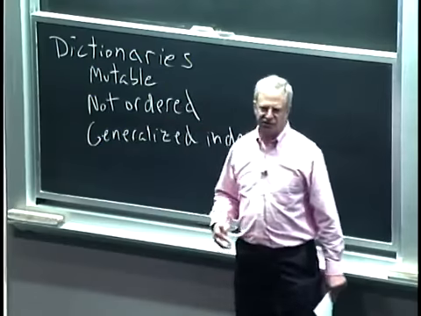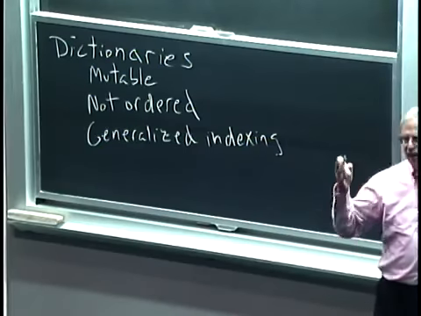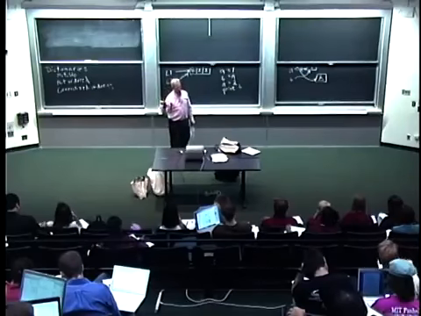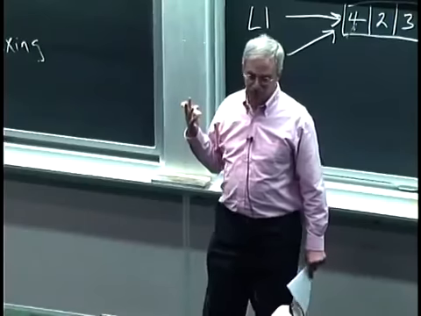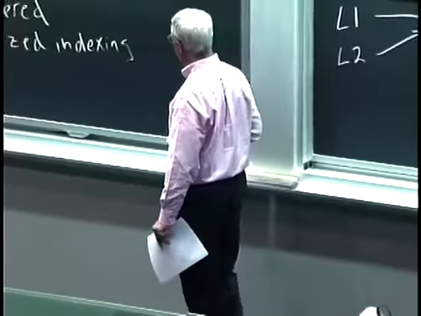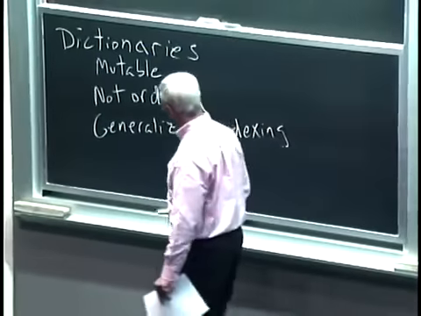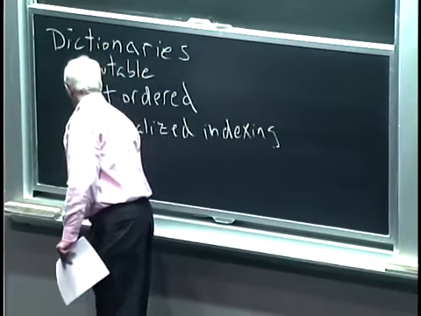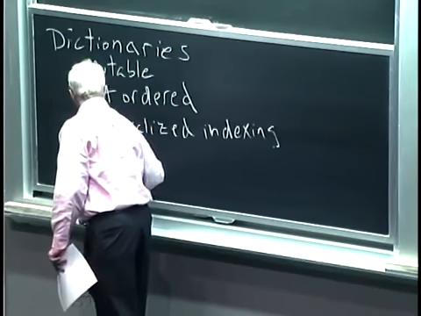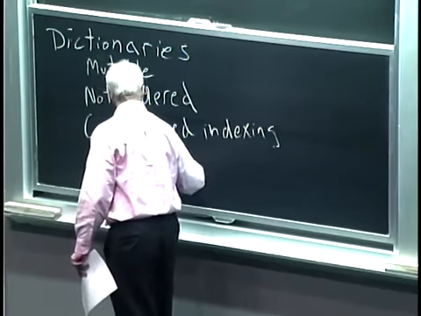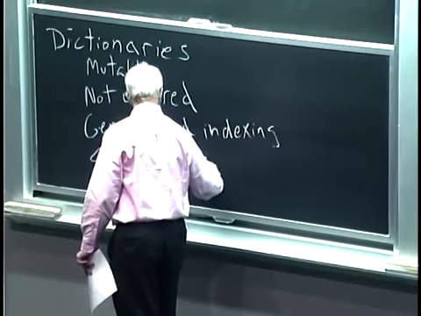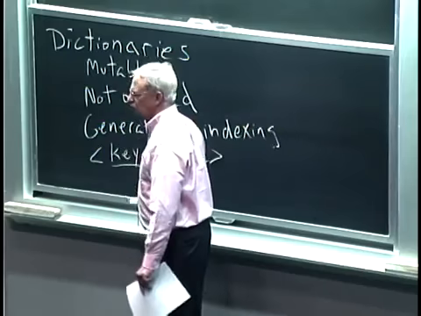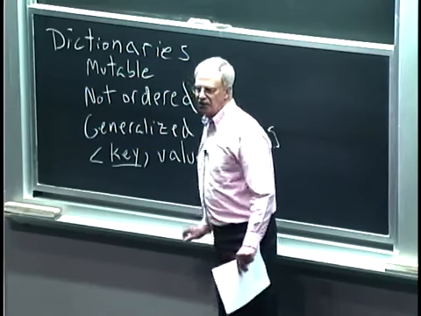So lists and strings, we can only get at elements by numbers, by integers, really. Here, we think of every element of the dictionary as a key value pair, where the keys are used as the indices.